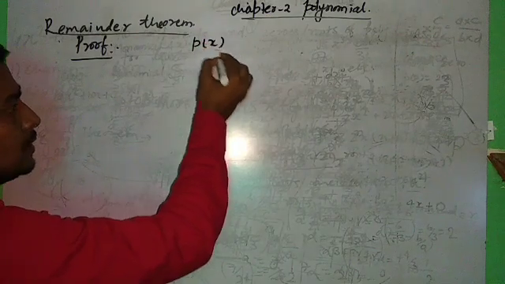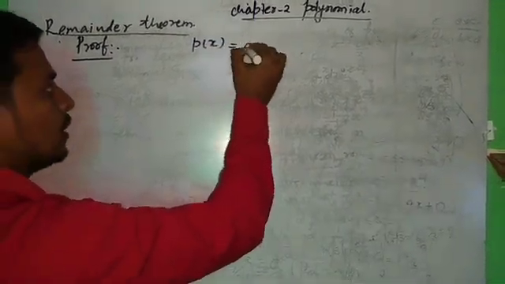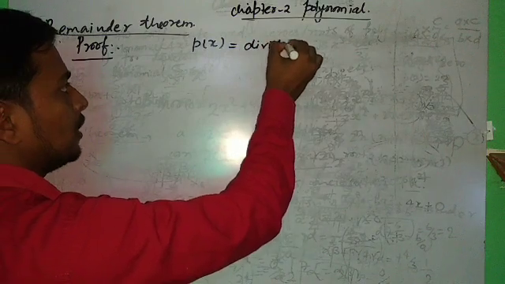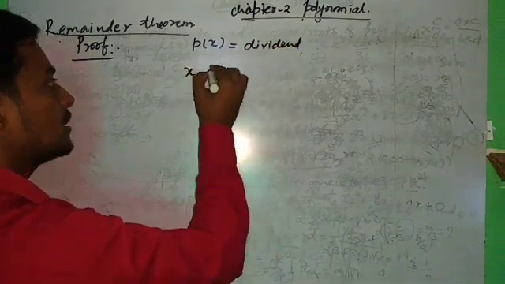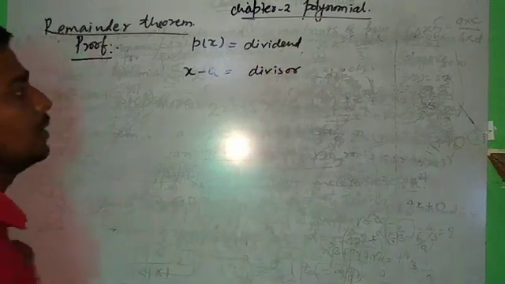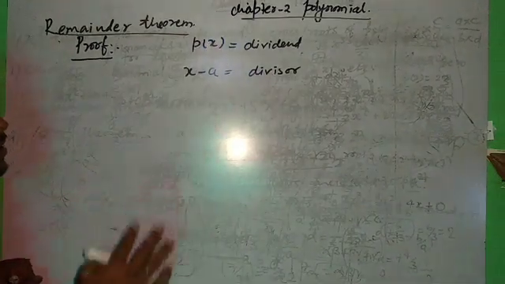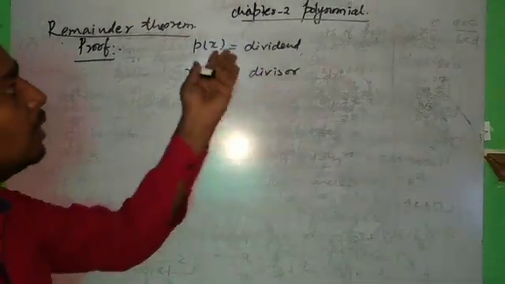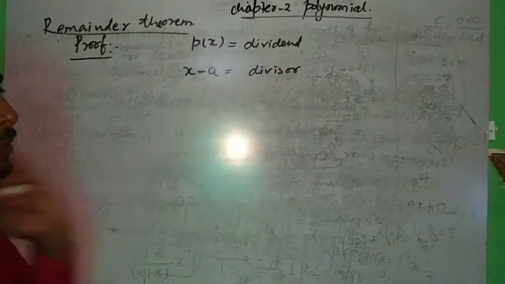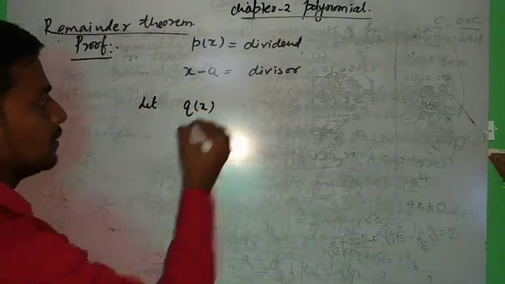p(x) is divided by x minus a, so p(x) is the dividend and x minus a is the divisor. If you are dividing p(x) by x minus a, then some polynomial will come as a quotient and something will be the remainder.